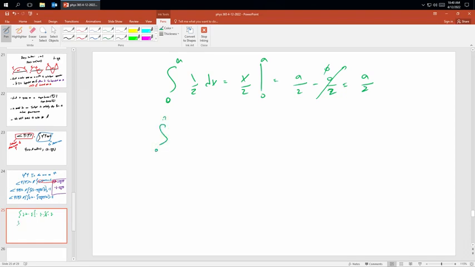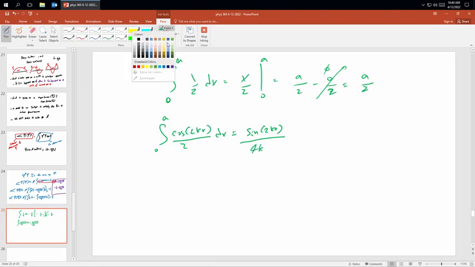That means from 0 to a, cosine 2kx over 2 dx is going to equal the second term. Your sine 2kx over 2 times 2k is 4k.